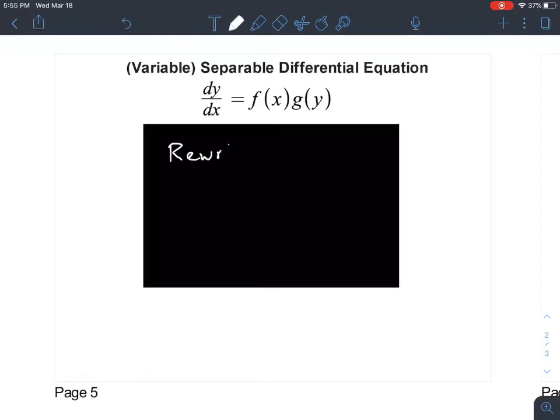So what I was supposed to have here was that we were going to rewrite this: we take the g of y and divide it over to the left side, and take dx and multiply it to the right. We rewrite this then into 1 over g of y dy equals f of x dx.